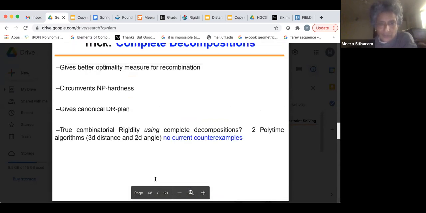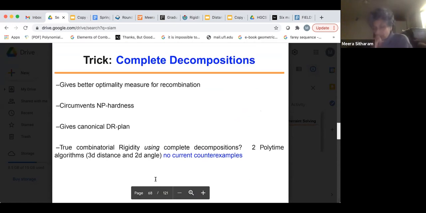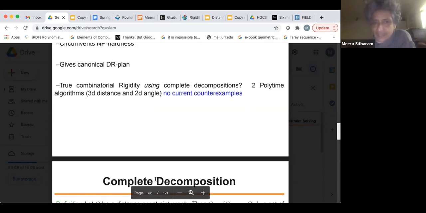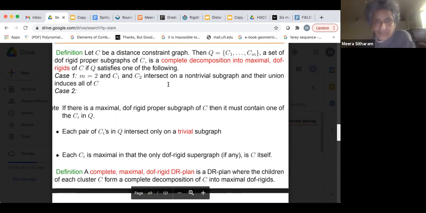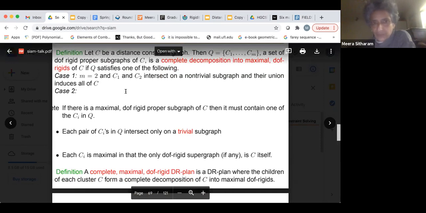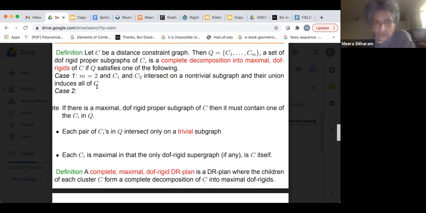Okay, so we had this other type of decomposition. The complete decompositions are very similar to rigid vertex maximal decompositions, and the idea is more or less the same. It's not the decomposition itself that's different. As you can see in the definition, we call it complete decomposition. This was back from 2001 or so.